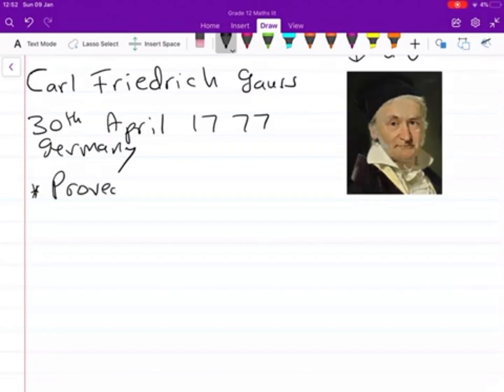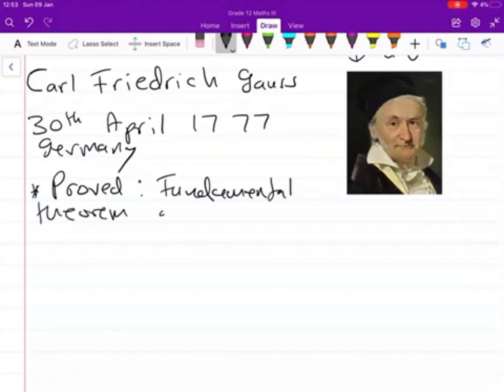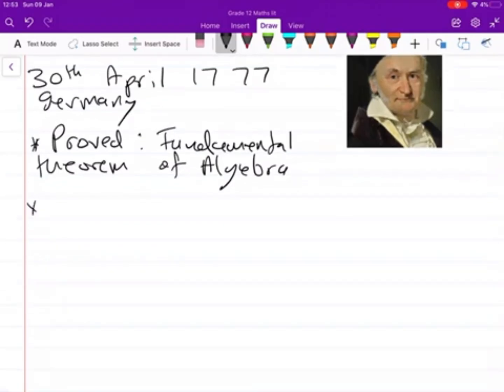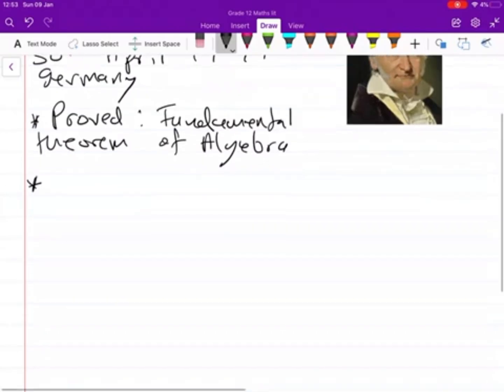He proved the fundamental theorem of algebra. All right, and this is going to be relevant for those of you who will be doing third year abstract maths. So if you're doing abstract math in third year, you know what I'm talking about.